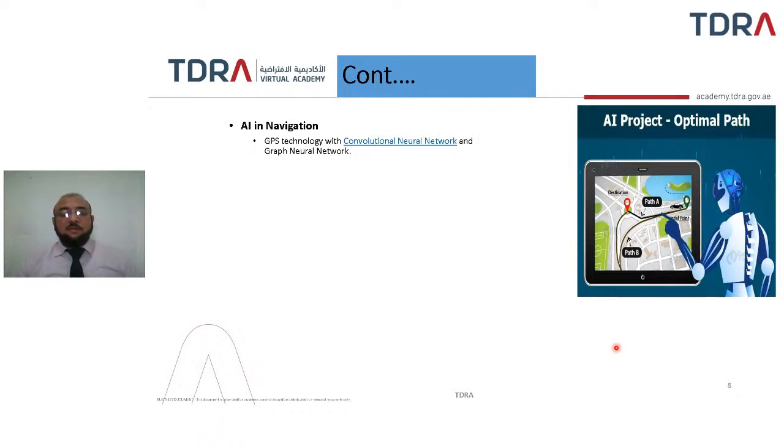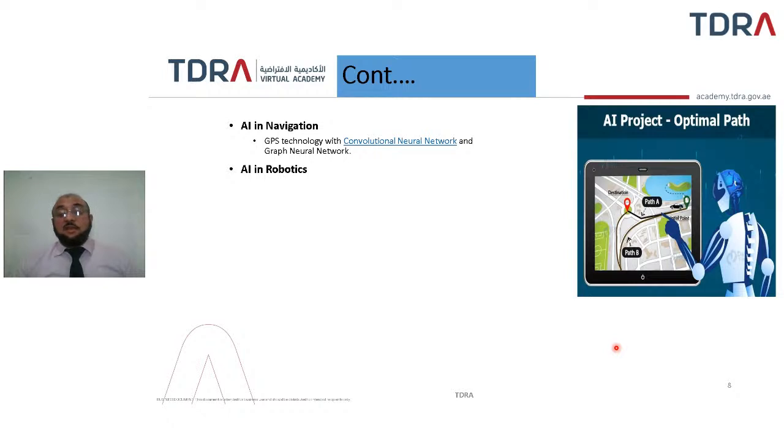We have many applications which we download from different application stores, like Apple and other stores, and use to find the optimal path to the destination so that we will not face any time delay or traffic. GPS technology with convolutional neural networks and graph neural networks gives us the opportunity to use these types of applications.